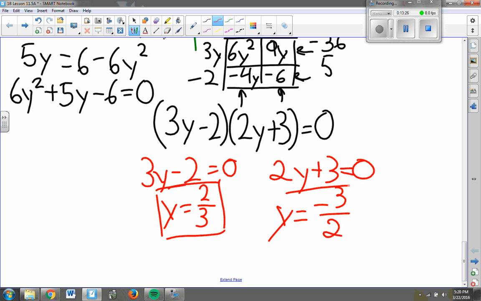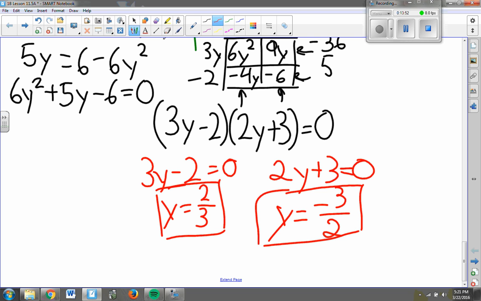Obviously, we should check and make sure they both work. Otherwise, we may have one that is extraneous. Good news for us is that neither one of those is extraneous. There's my two answers, and we are all set.